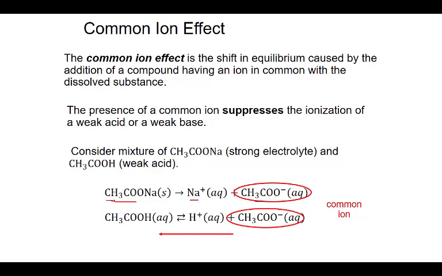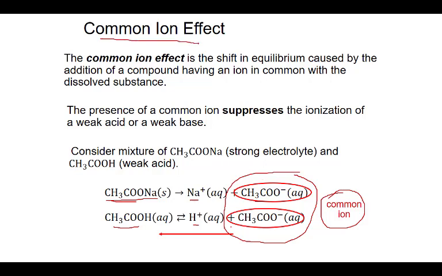One is the salt, the strong electrolyte from the weak acid, another is itself a weak acid, and this will dissociate into hydrogen ion and the acetate ion. So these two ions are common, the same, so it's called common ion. So when you mix two chemicals and the two ions produced are common, then it is called common ion effect, and this will become a buffer.